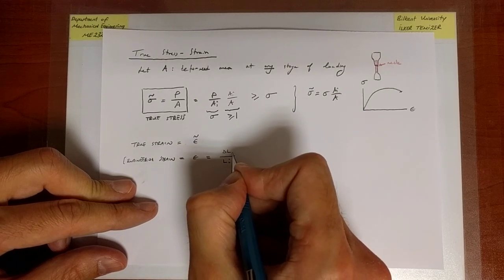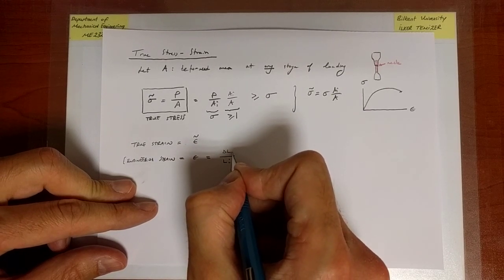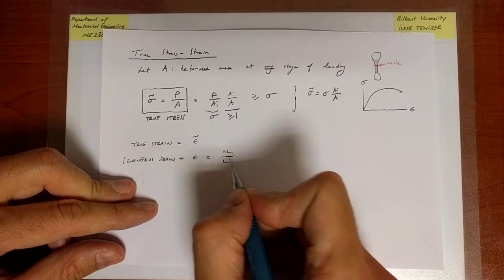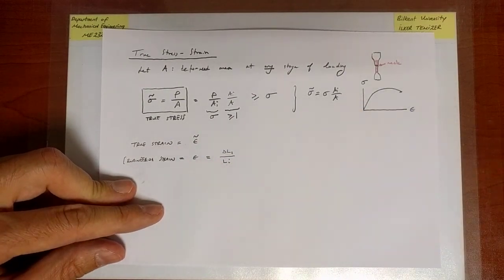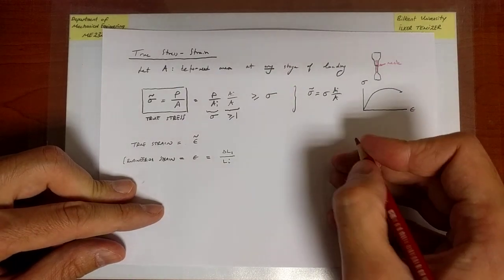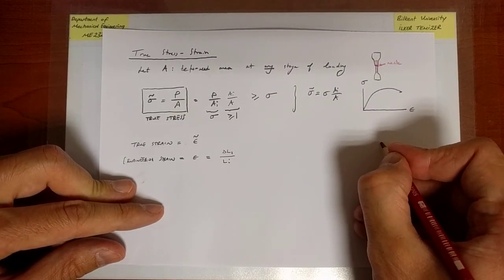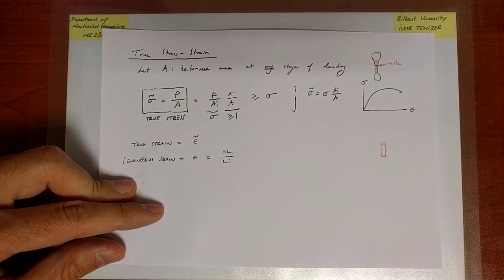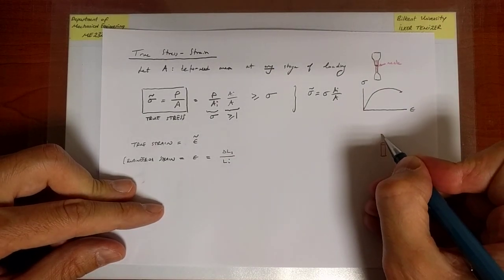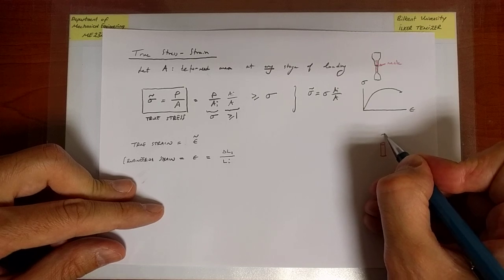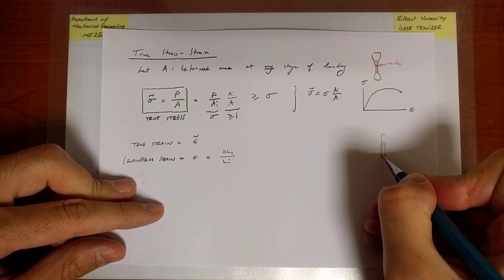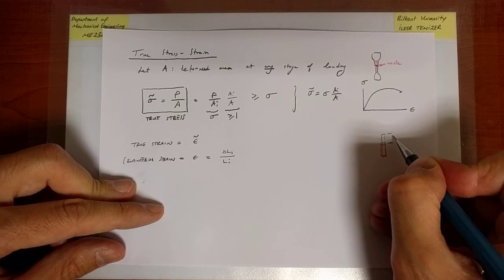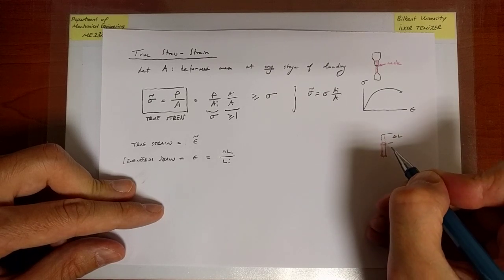Not all the way to the final deformation that I'd like to reach, but by a certain amount delta L1. So for instance, if I concentrate on the gauge portion, and let's say the gauge portion of the specimen initially looks like this. Now what I'd like to do eventually is reach some level of deformation that perhaps looks like this. So the change in the length of the gauge portion is going to be delta L.